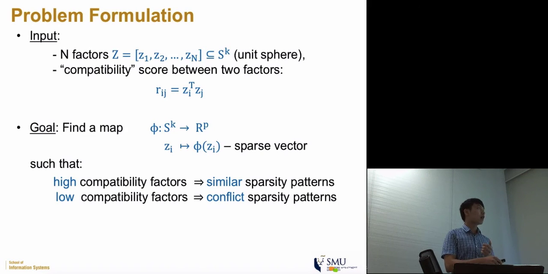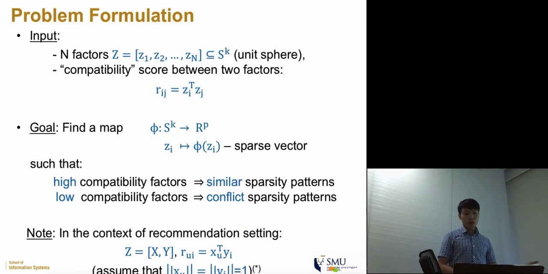So I hope that you still remember the concept of similar sparsity patterns and conflicting sparsity patterns from the last slide. Okay. So just one small note is that in the context of recommender systems, we can concatenate user vector x and item vector y to receive the factors matrix z, and the compatibility between the user and the item is actually the inner product between user vector and item vector.